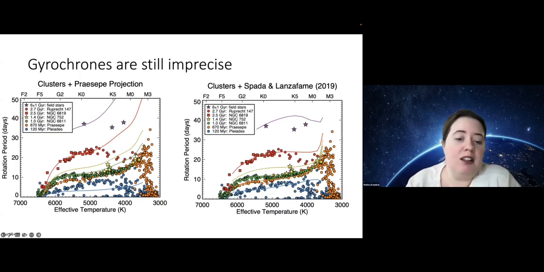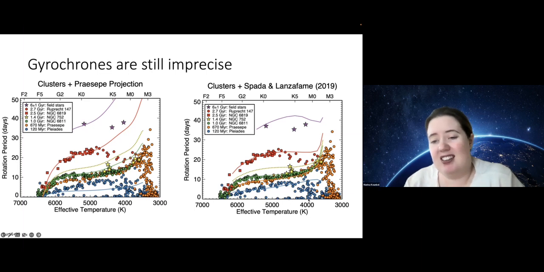For example, this one was calibrated to Praesepe, at least on the hotter end, but it may match some of the older clusters, but it doesn't match the younger clusters, and it completely gives up at the cooler temperatures. This one does a bit better, but it's also not really the most optimal.